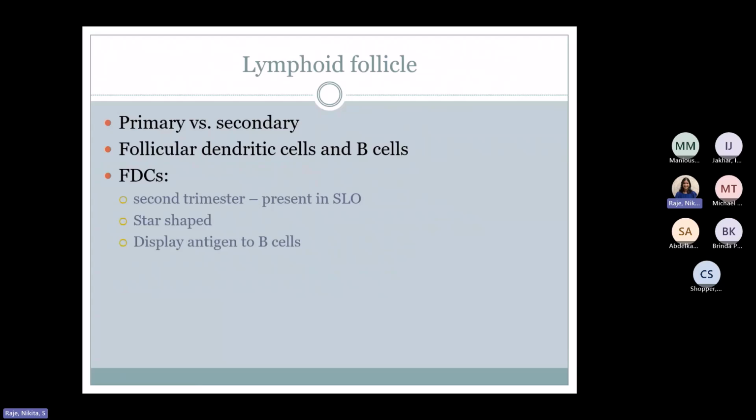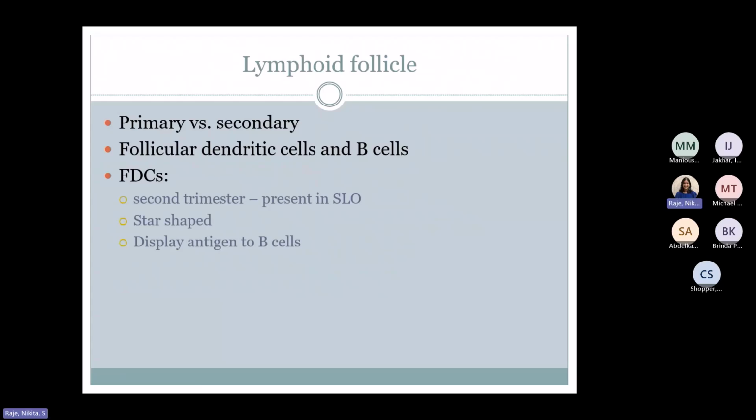These follicles have follicular dendritic cells. These have nothing to do with the dendritic cells that we talked about with T cells. These follicular dendritic cells are completely different from those dendritic cells, and these are present in the follicle, which gives them the name follicular dendritic cells, and these take part in activation of B cells.